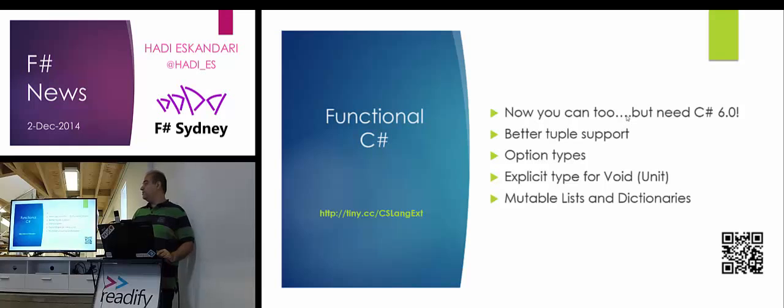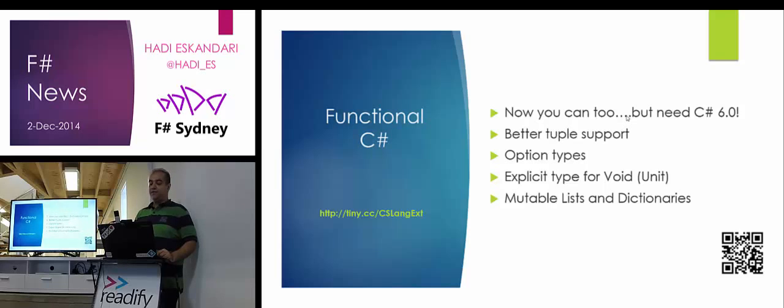The other news that came out from the community was not related directly to F#, but to C# rather. So there is a new library called C# language extension, or language-ext, that gives some sort of F# concepts to C# users. But the catch is that you need to start using C# 6 in order to use that. And the trick is that it uses the new using static feature in C# 6 to achieve that.